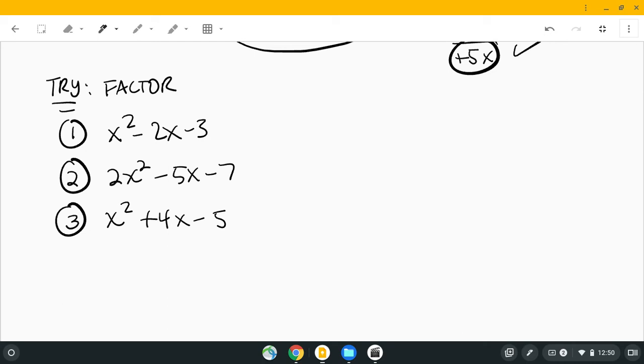Okay, so this first one, x times x to make x squared, and then I want negative 3. So I know one of these is positive and the other one is negative in order to get this negative 3. Now I can check to see if it's going to be positive 1, negative 3, or positive 3, negative 1.